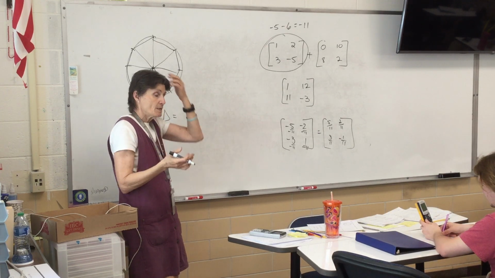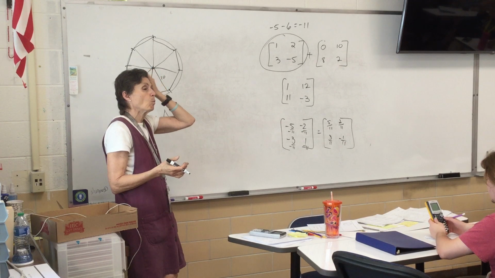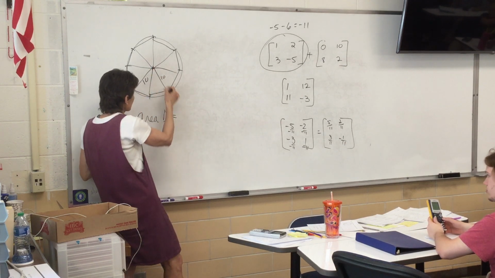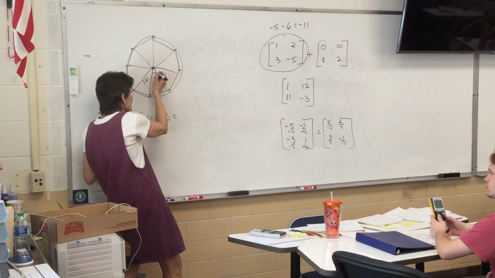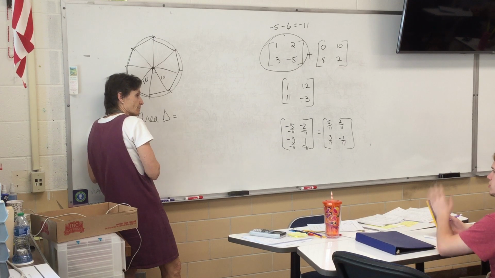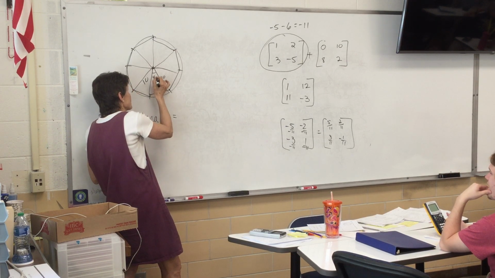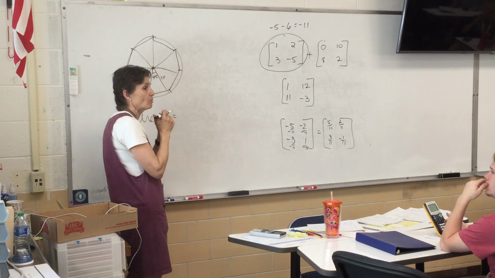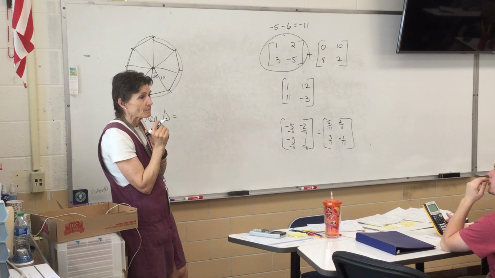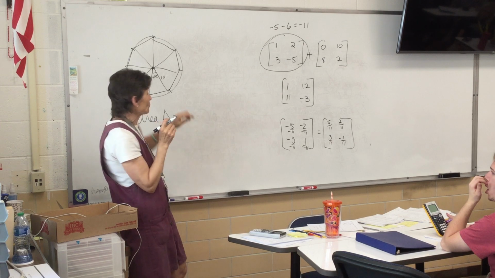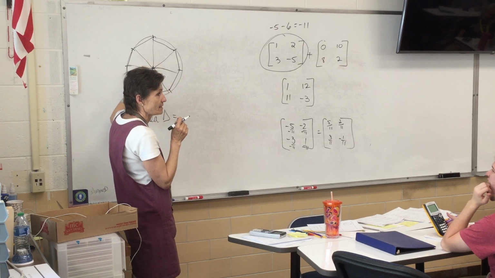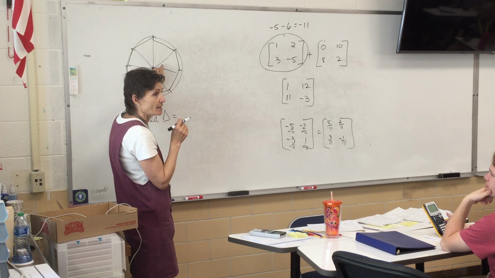Agreed? So, let's look at that triangle. What do I know? I know the two sides are 10. Do I know anything about this angle right here? I heard some people saying it's 45. How do we know it's 45? Because it's 360 divided by 8.